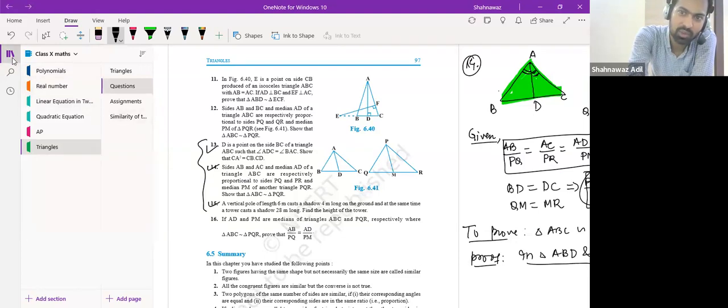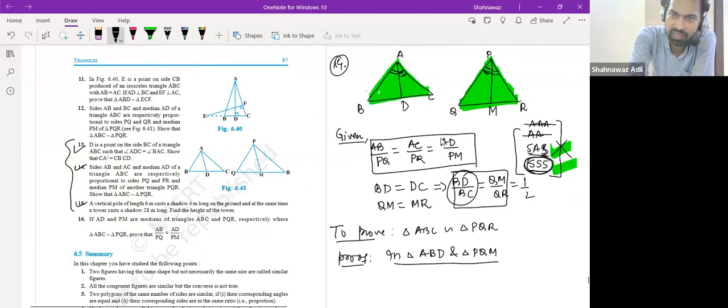We only want to prove that BC by QR. Anyhow, we want to prove this, right? So how can we get BC by QR? I'm not able to understand how this would be possible. Can we write angle A equals angle P?